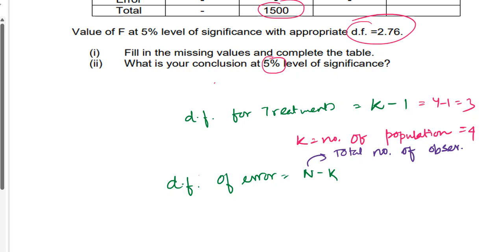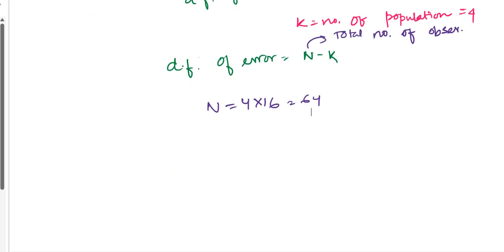Each population has 16 observations and there are 4 populations, so n is 4 into 16, that is 64. So degrees of freedom of error is 64 minus 4, that is 60.